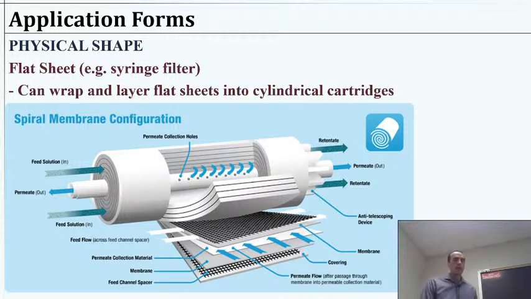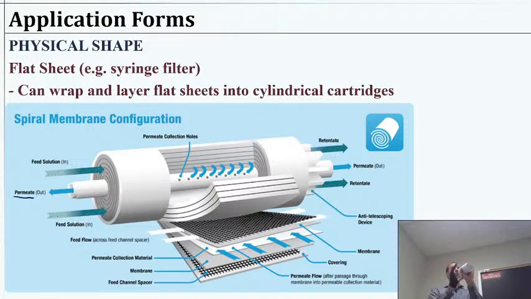Okay, so then let's just take a quick look at what's actually happening here. So we see a permeate coming out here, and we see a permeate coming out here. We also see retentate coming out, and what's happening in our scenario with the spiral membrane is, as water meets it, some is passing through into the permeate.